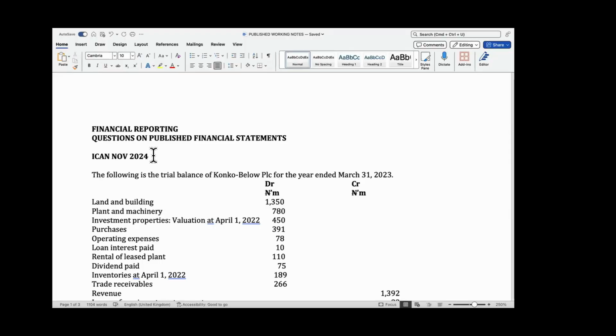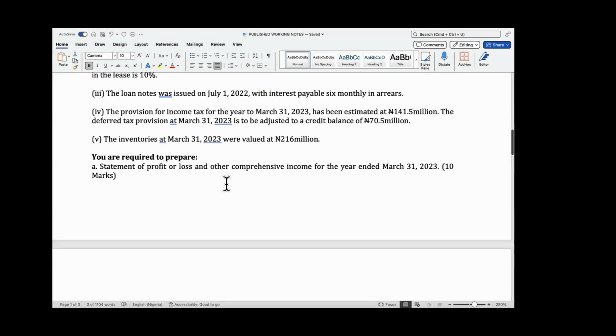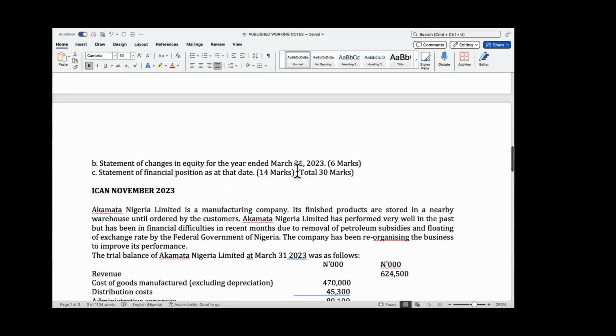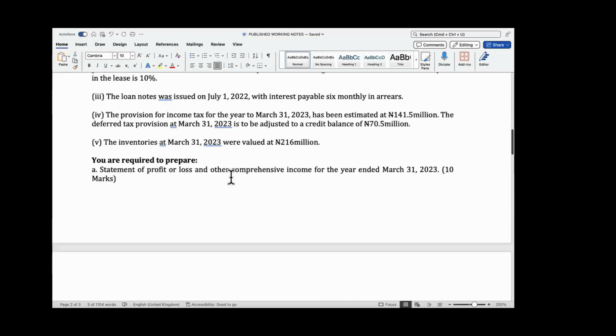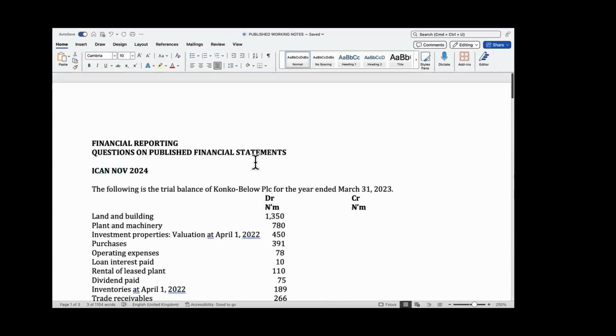But for today, this one came out in November 2024, and it was question one, and it was 30 marks. In the exam, a 30 marks question, you're expected to spend 54 minutes to solve it.